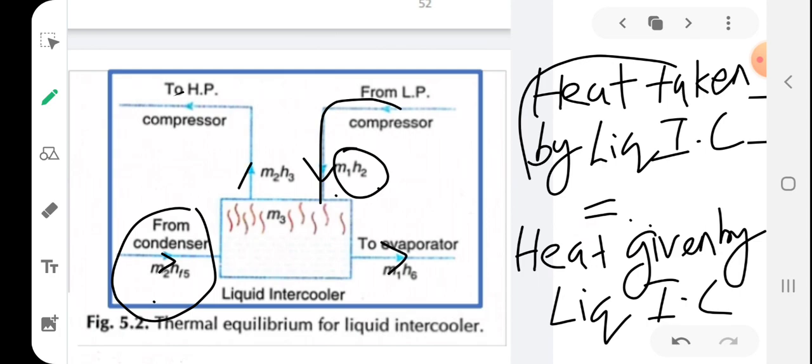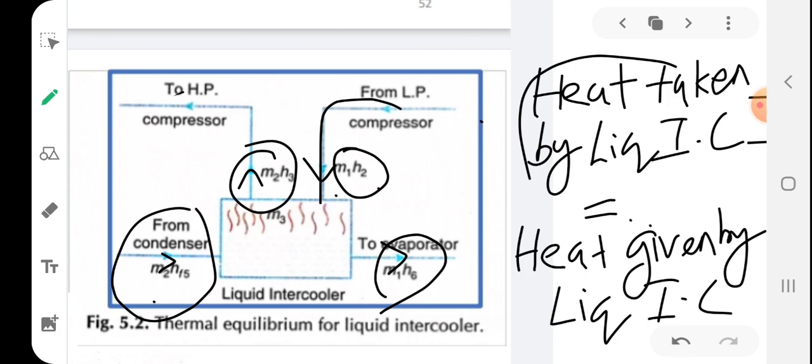Similarly, two streams are exiting from this intercooler, right? To the evaporator it exits in state 6 and the mass will be m1. So m1 into h6 will be the heat accompanied with that particular stream. And m2 h3 exits in this direction.